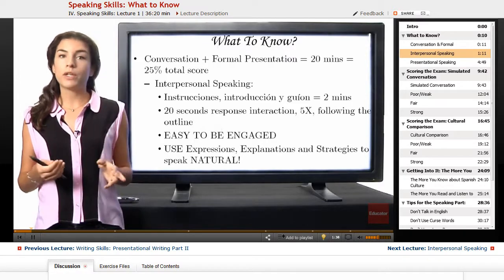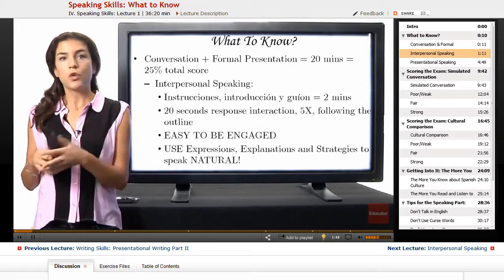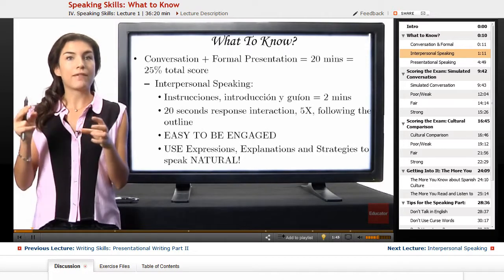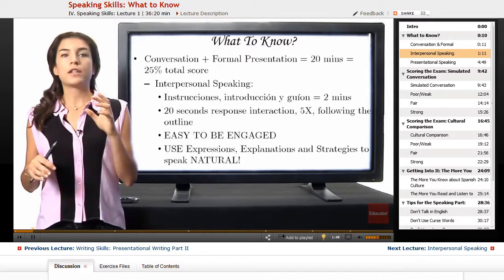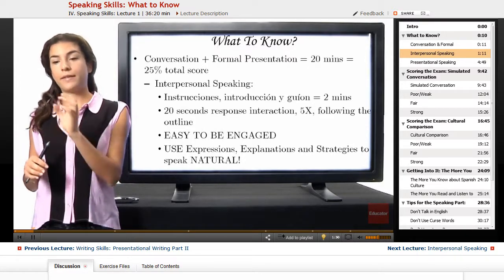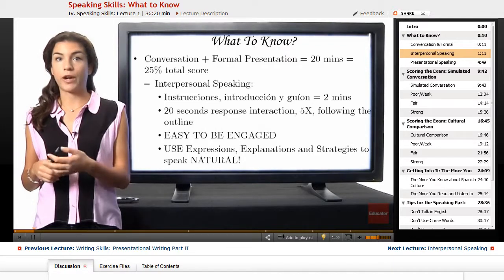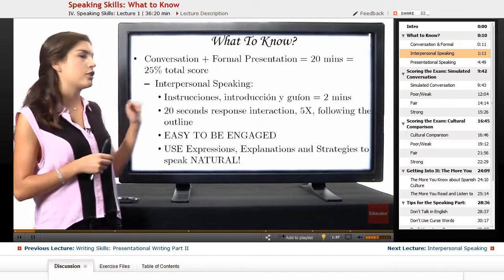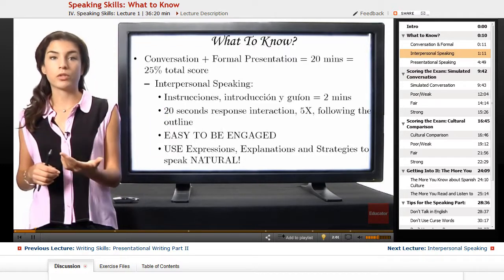You would have 1 minute to go over the instructions, which are basic. Basically, you would have a box with the English and the Spanish instructions, and then you would have the introduction of the situation of the script that you are going to have ahead. Then you would have 20 seconds to respond, to give each line of your responses.